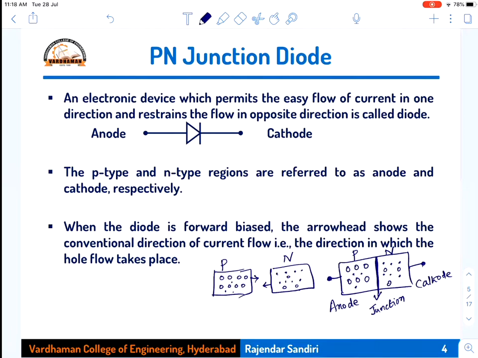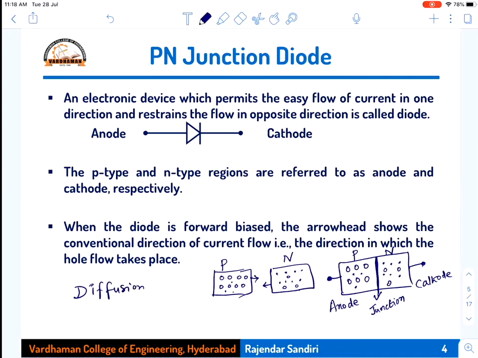Now, once these two are brought in contact with each other, there takes place diffusion. You know the concept of diffusion, very, very important. What is meant by diffusion?